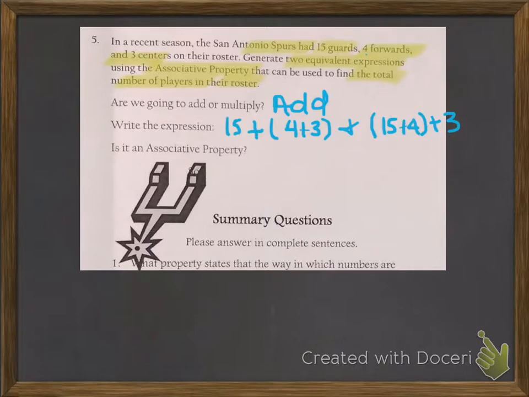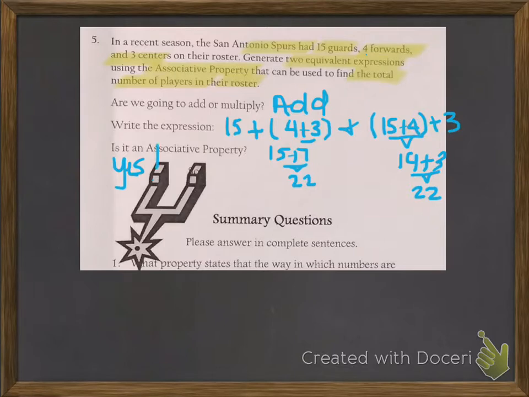Well, we need to solve it. So we have 4 plus 3, which is 7, and then 15 plus 7 is 22. Then over here we have order of operations. 15 plus 4 is 19, and 19 plus 3 does equal 22. So is this associative? Yes.